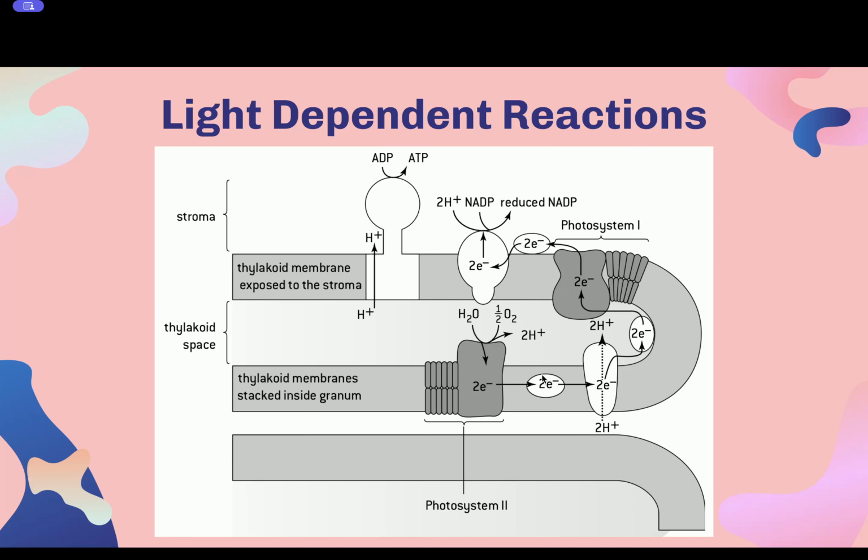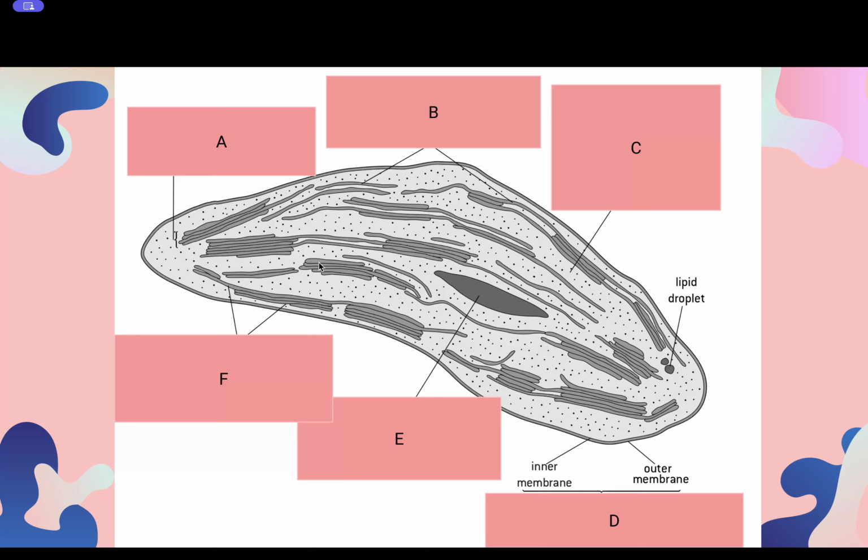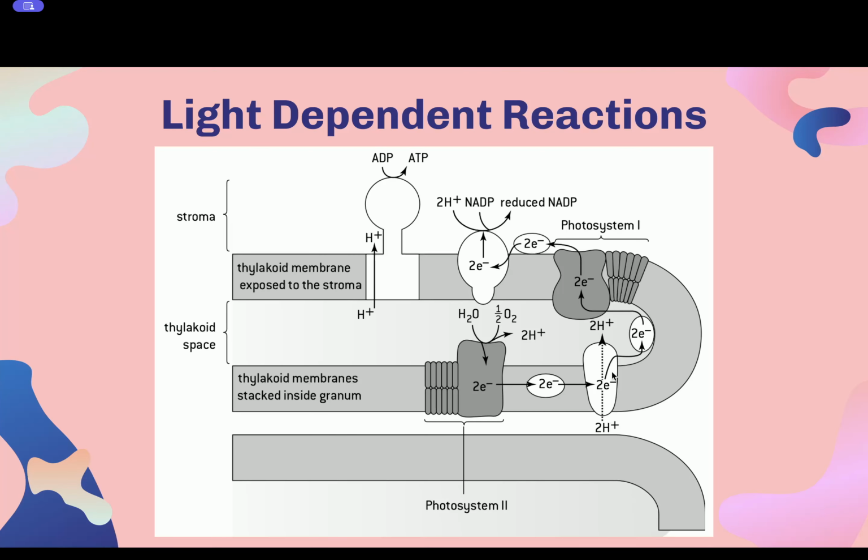The first one is just an integral protein, and then the next one is a proton pump, which will pump protons from the stroma into the thylakoid space. It'll pump 2 protons per pump.